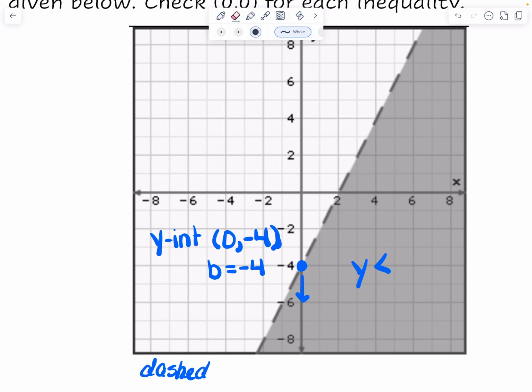So the last piece that I need to look for is the slope. Now, to find the slope, we are going to find 2 points on the graph, and then we are going to count the rise over the run. We already have 1 point, that's the y-intercept. There are several points on this line, okay? So if I was looking, I could say that this is a good point to count rise over run.